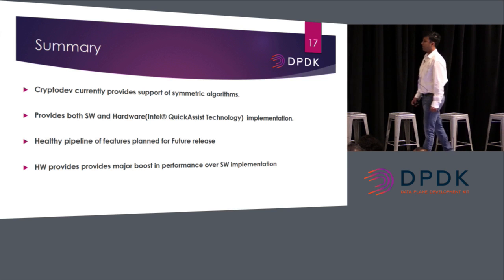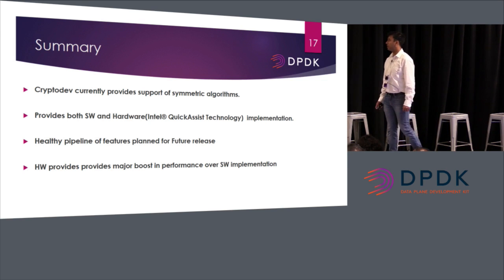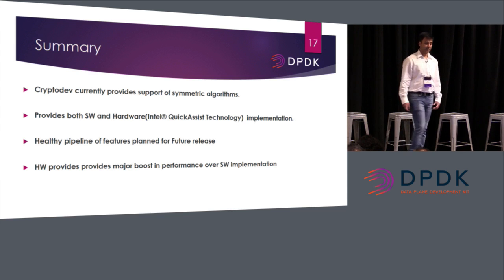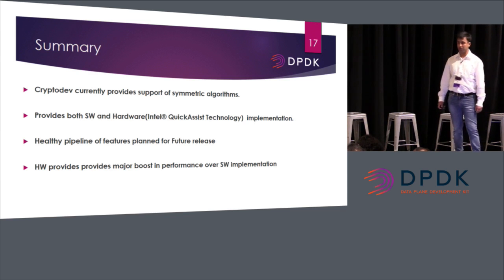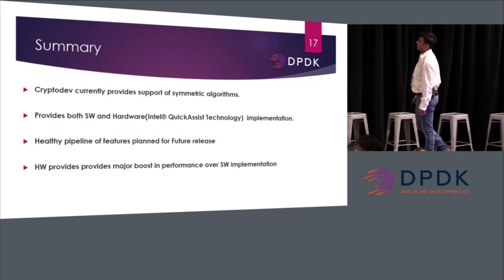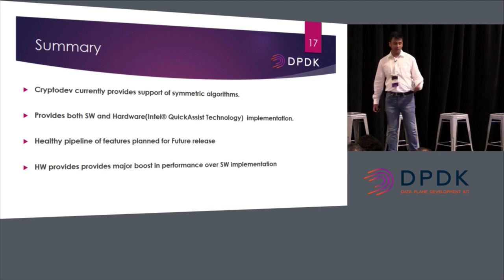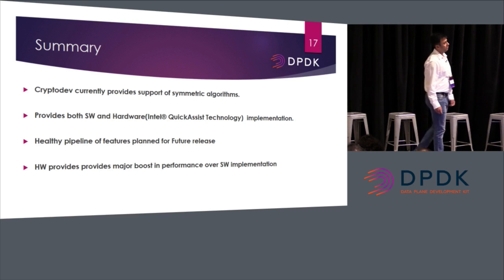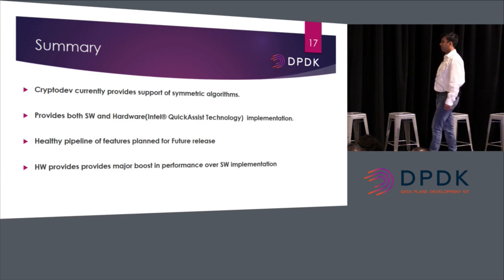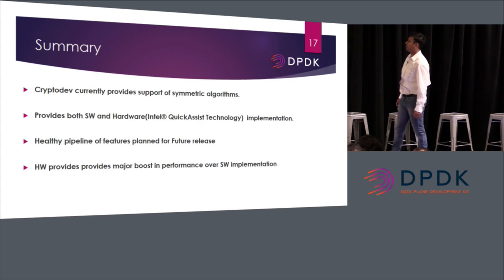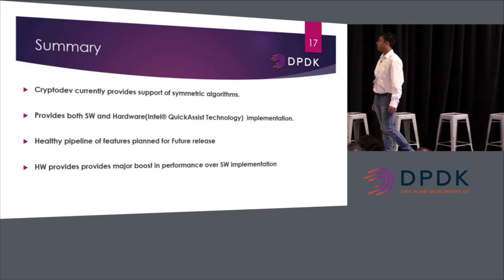In terms of hardware, we have Intel Quick Assist technology support. For software, we have the Intel high performance library support. So it provides a seamless implementation. From the features side, from the future release plan in the slides, we have a healthy pipeline of features which at least from Intel's side we will be contributing to the Cryptodev API.